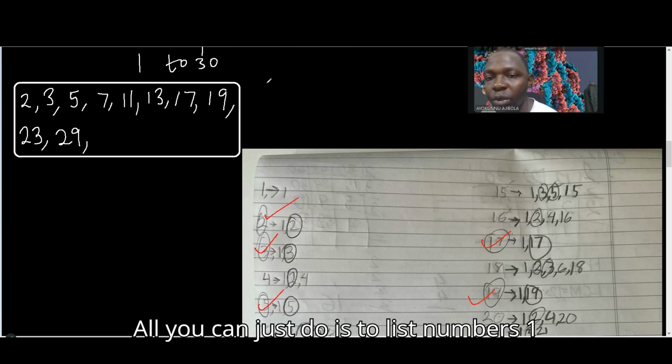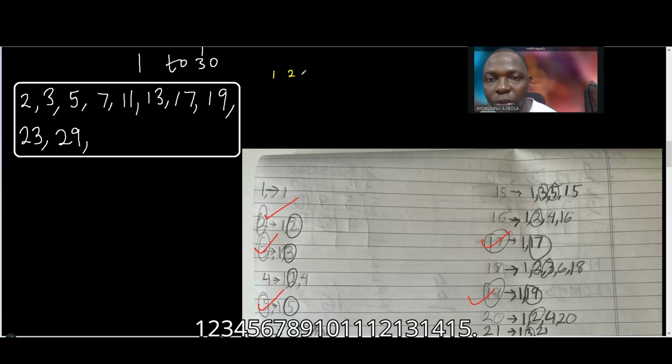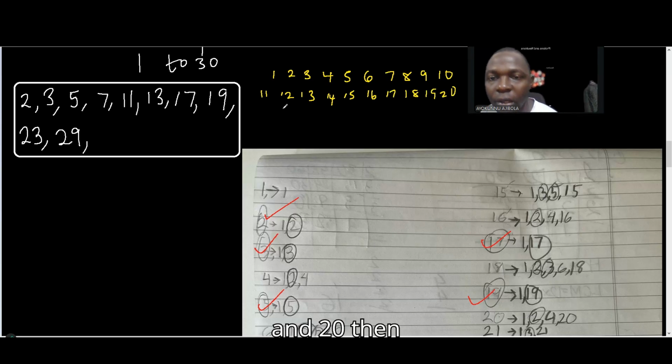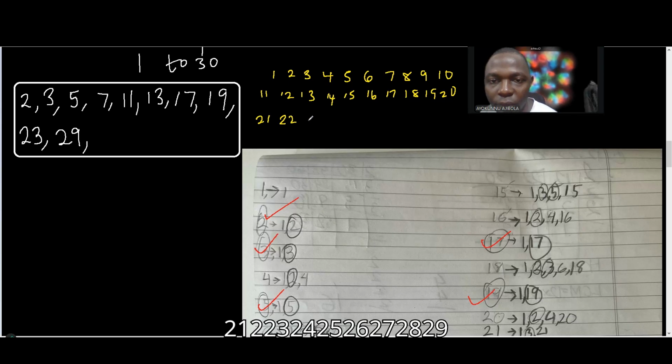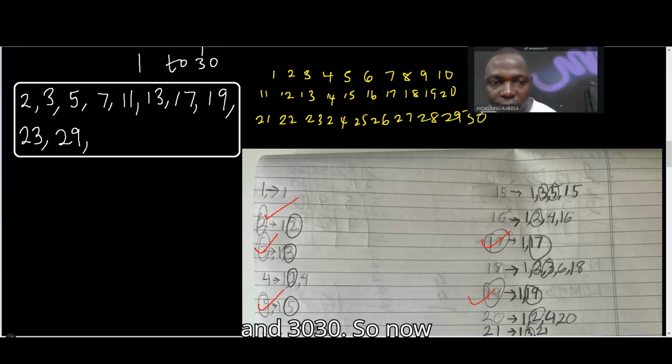All you can do is list numbers 1 to 30, like 1, 2, 3, 4, 5, 6, 7, 8, 9, 10, 11, 12, 13, 14, 15, 16, 17, 18, 19, and 20. Then 21, 22, 23, 24, 25, 26, 27, 28, 29, and 30.